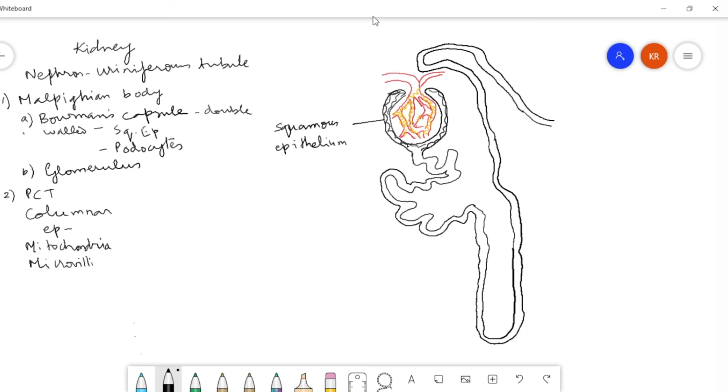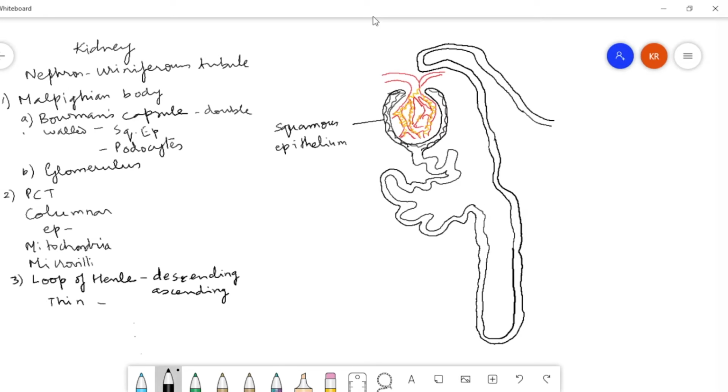This is called the loop of Henle. So the third part is the loop of Henle. It has a descending limb and an ascending limb. This is very thin, and we will learn about its function after some time when we discuss the function.